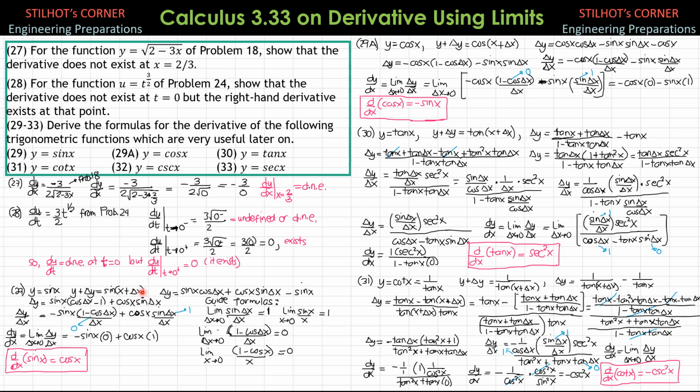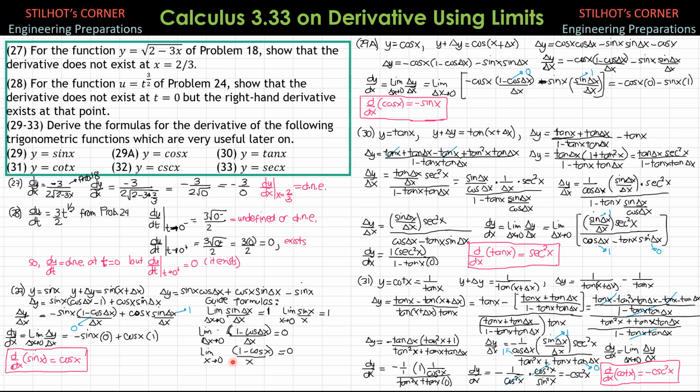The second is these guide formulas: the limit of sine delta x over delta x equals 1 as delta x approaches 0. You can review the earlier part on limits and the derivation of this formula. So the limit of sine x over x as x approaches 0 is also 1. The limit of quantity 1 minus cosine delta x over delta x as delta x approaches 0 is 0. You can also look at the derivation showing that this is equal to 0.